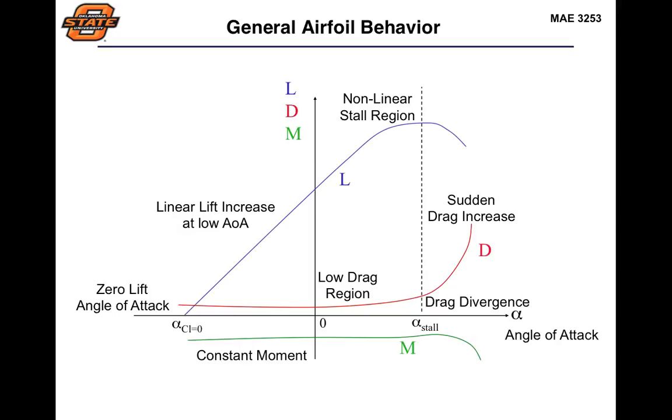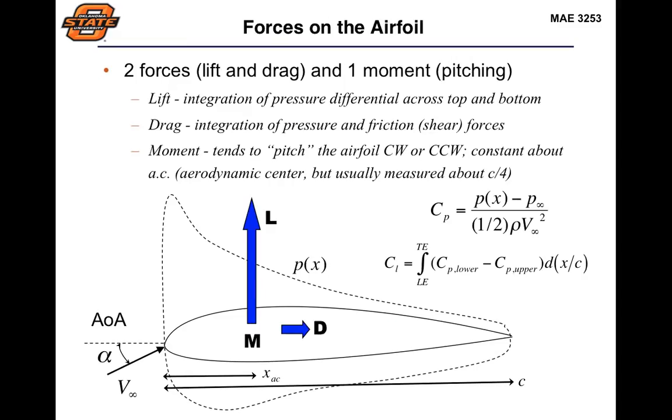Now, our forces on the airfoil, again, are calculated from our pressure forces. So we have this pressure distribution. Ultimately, for any method we want to use, we want to be able to calculate this pressure field, which is given, of course, by the velocity field. Again, we can relate that local pressure over the surface of the airfoil simply by going back to our Bernoulli relationship, where we have pressure related to 1/2 rho v squared.